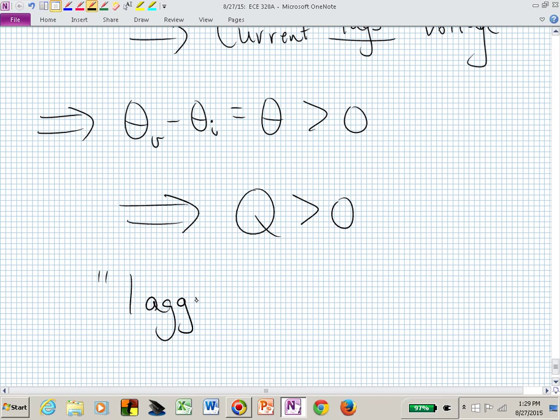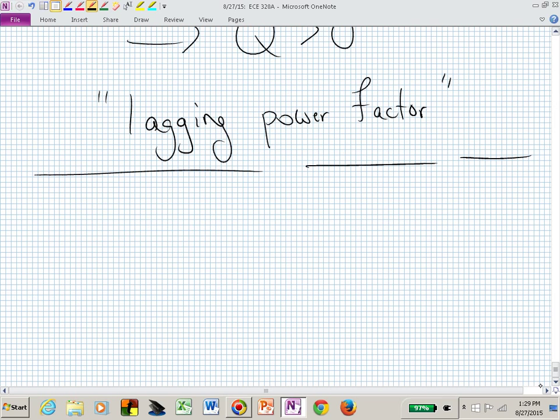And this corresponds to a lagging power factor. It's not enough to just say, oh, your power factor is 0.95. You have to tell me, is that inductive or, and we'll learn, capacitive? Is your Q positive or is your Q negative? Because the cosine of an angle, positive or negative, is just going to give you a positive number, if the angle's between plus and minus 90.